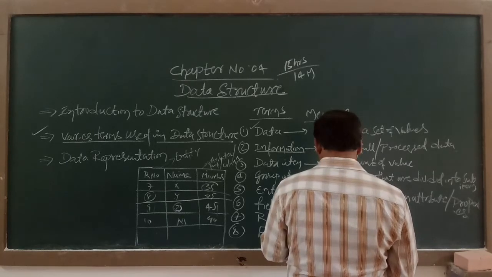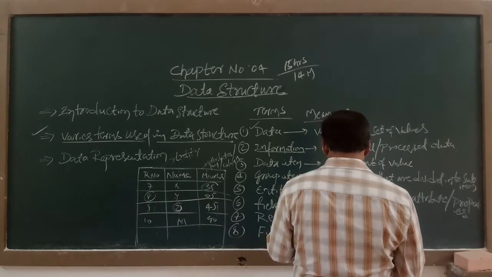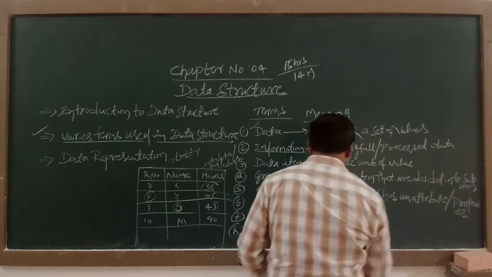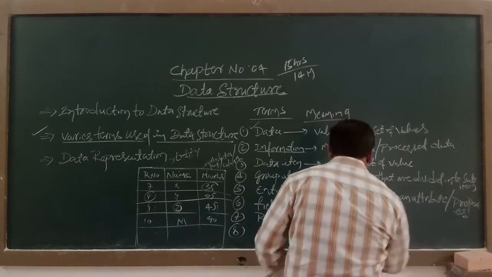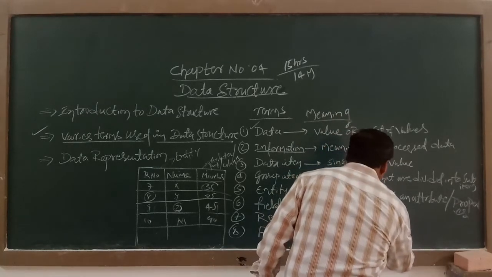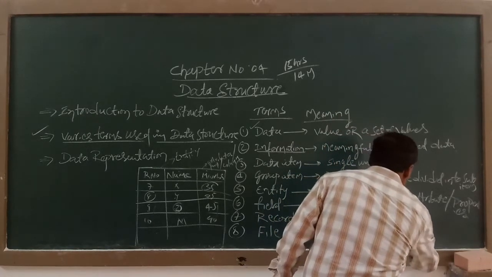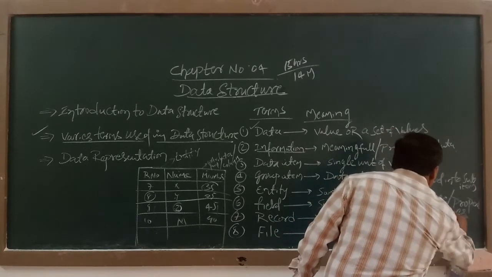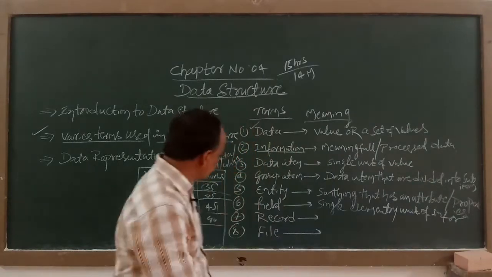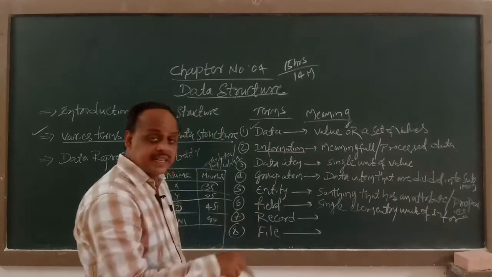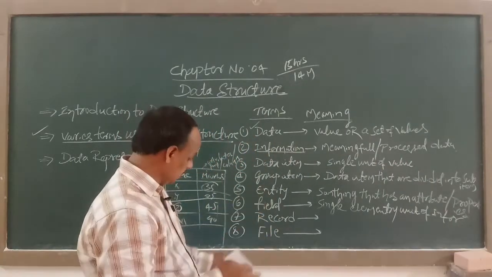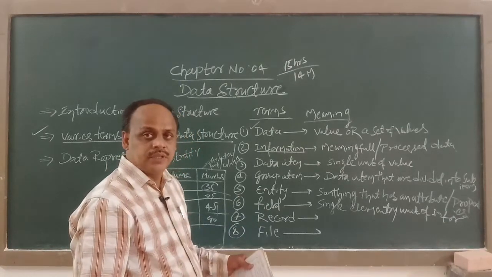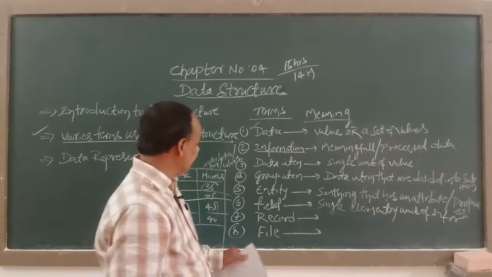A single elementary unit of information of an attribute in an entity is called a field.